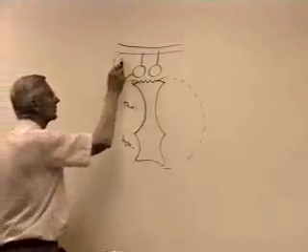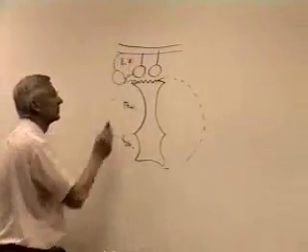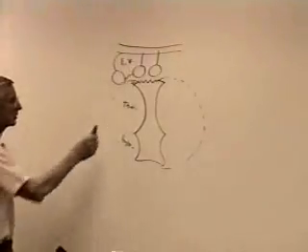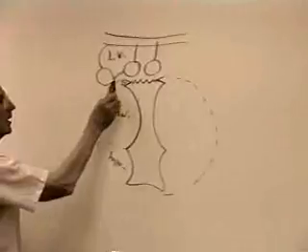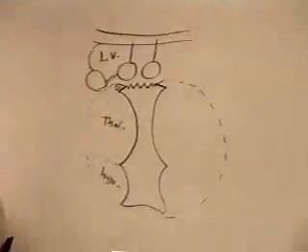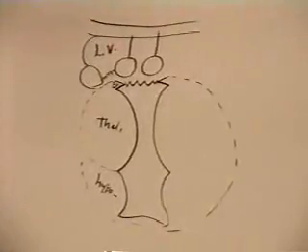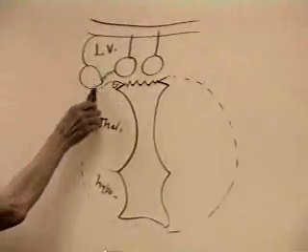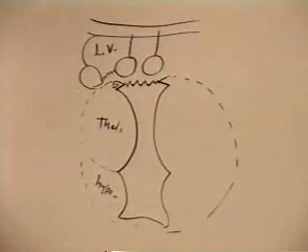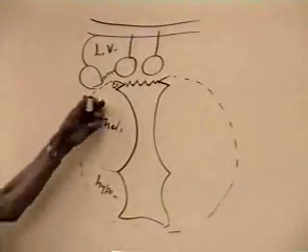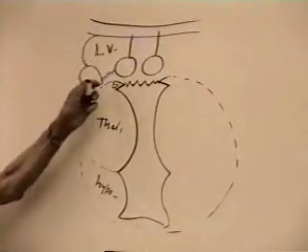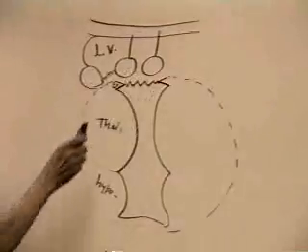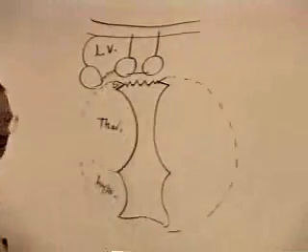So here's the lateral ventricle, and the third ventricle, and the bare area in here, where we don't have any ependyma between thalamus and telencephalon.